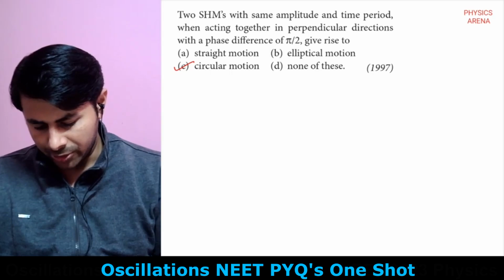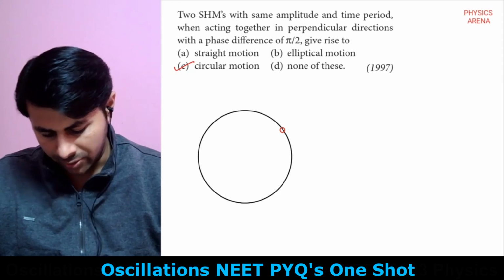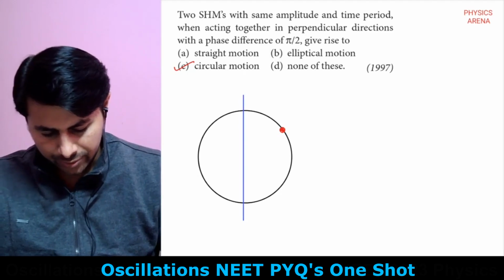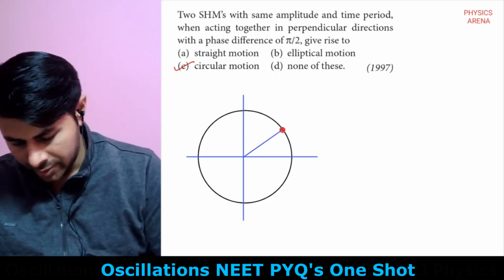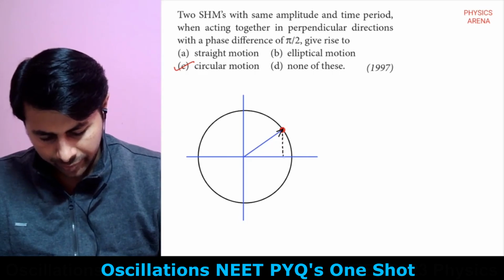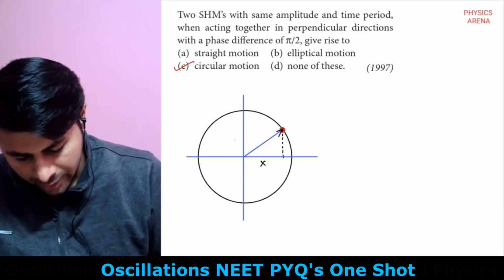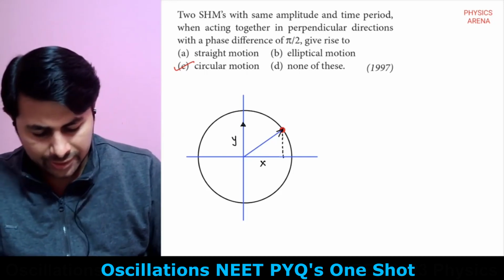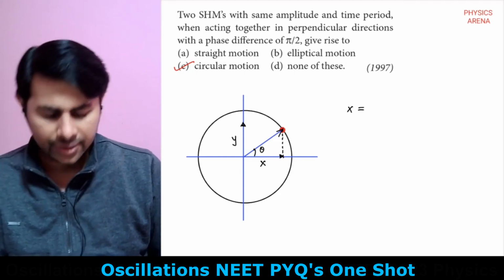If we think of circular motion of an object, and we had discussed this, that if we resolve its position vector along two components, this x, this is y. This angle is suppose theta, that's omega t.